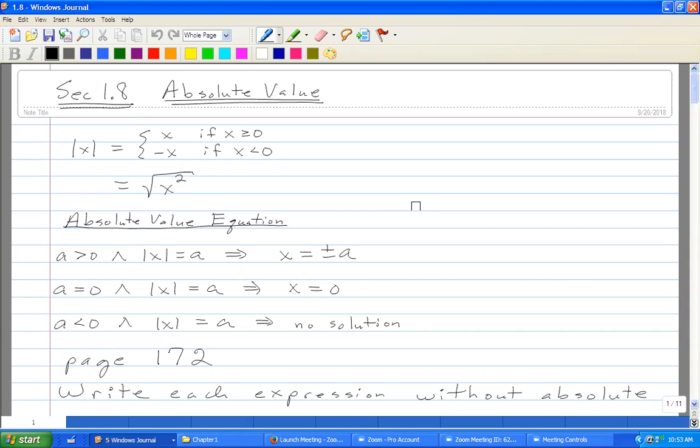So let's look at some absolute value equations. If a is greater than 0, and the absolute value of x is equal to a, then x is equal to plus or minus a.